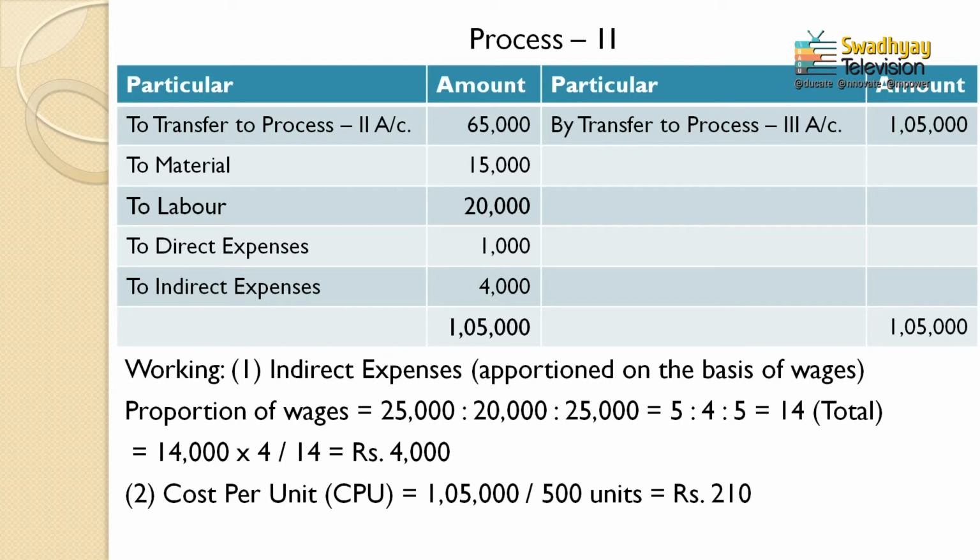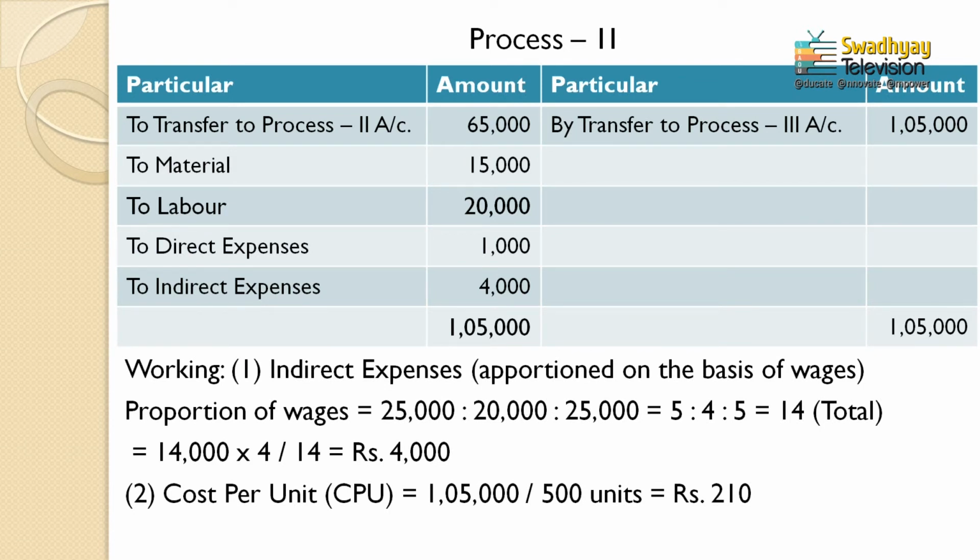The proportion for process 2 is 4. So 14,000 rupees is the total expense. The fourth proportion is for process 2, and the total proportion is 14. In this way we identified the amount of indirect expenses for the process 2 account is rupees 4,000, and that is to be recorded in the process 2 account debit side, rupees 4,000.